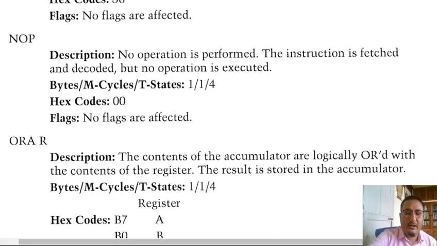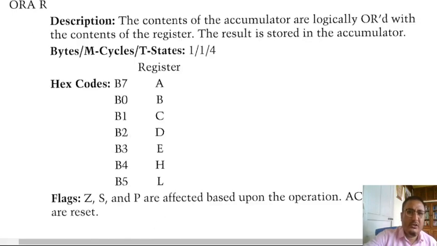Now ORA R instruction. Now ORA R instruction is capable of performing logical OR between the content of the register and the content of the accumulator, and the result is stored in the accumulator.